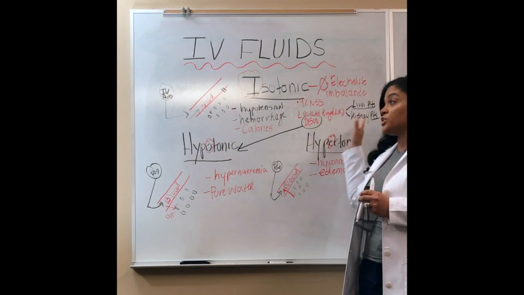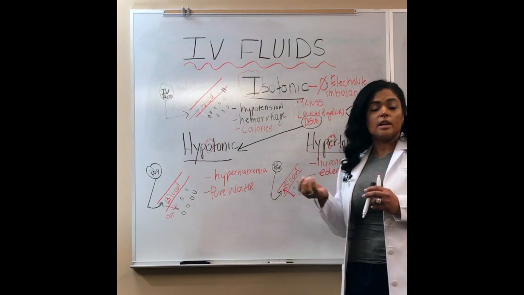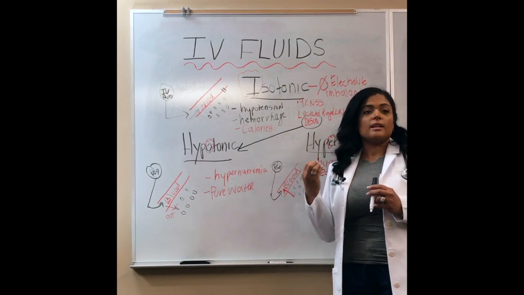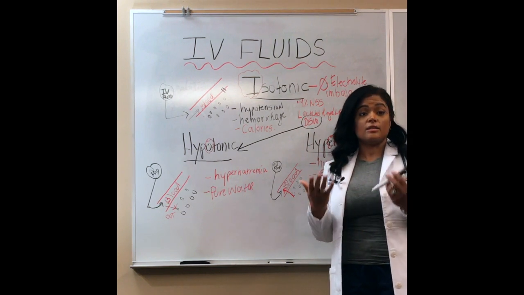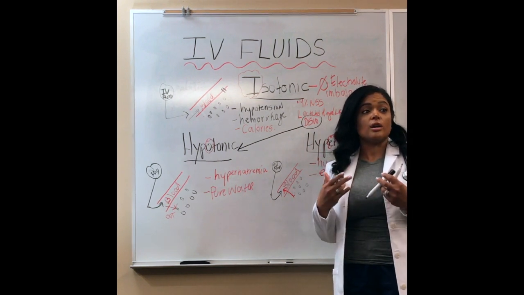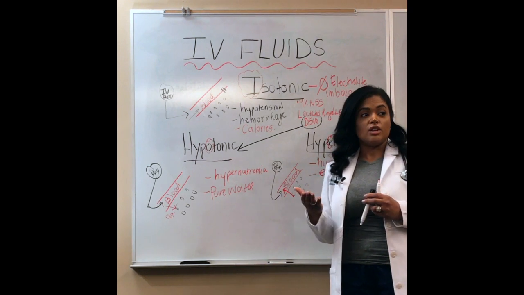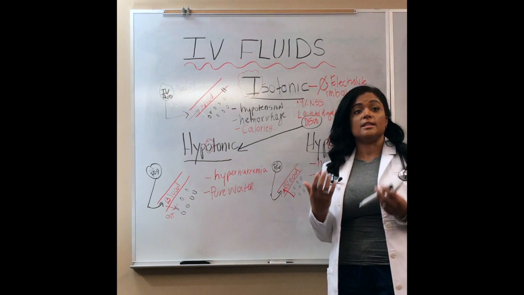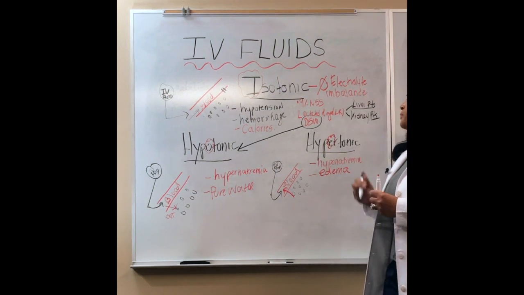Specifically, renal patients, your kidney patients, are placed on 0.9, but they have to be monitored because they cannot get too much of it. As they have dialysis or are in the process of getting to that stage, they are unable to filter out the extra fluid. So they can get edematous, which is swollen.